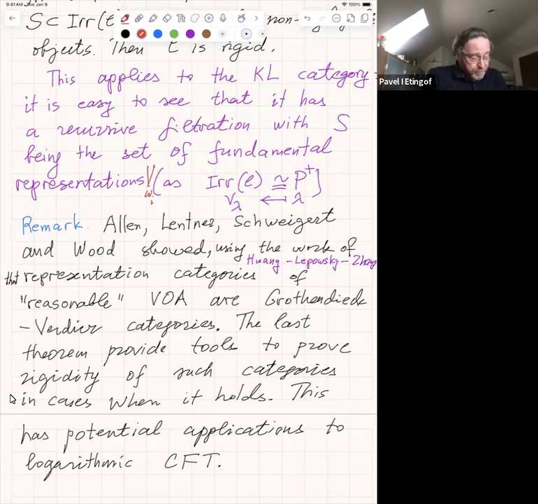So they lack strong duality in general, and in particular, the dualizing object is the contragredient of V, which is not necessarily isomorphic to V, but they have this kind of partial duality structure. And sometimes they are not rigid, so you cannot prove that they are rigid. Sometimes the tensor product is not exact, but this last theorem gives us a really nice tool to prove rigidity of such categories in the cases when it does hold, in which case it will be an R category. And this has potential applications to logarithmic conformal field theory where such categories arise.